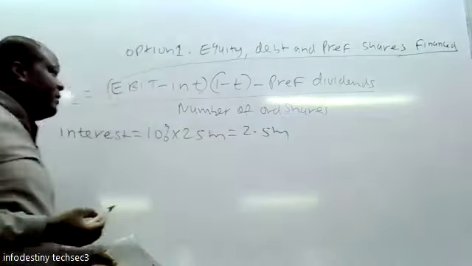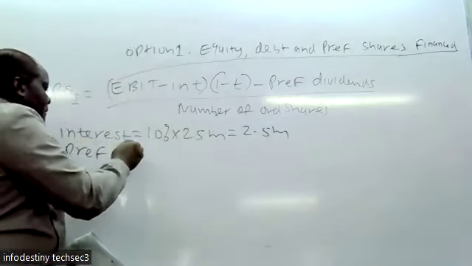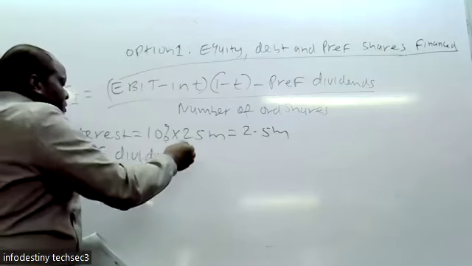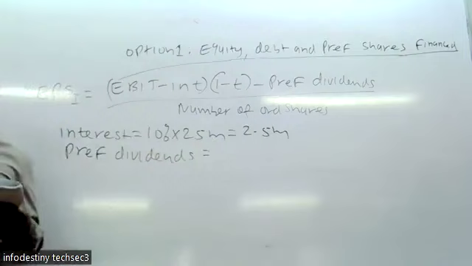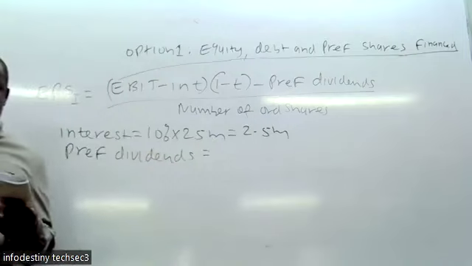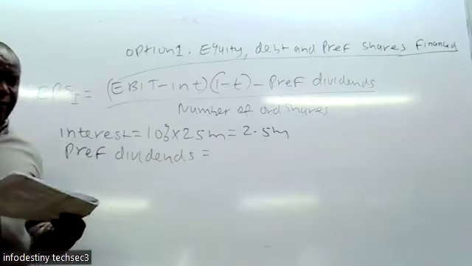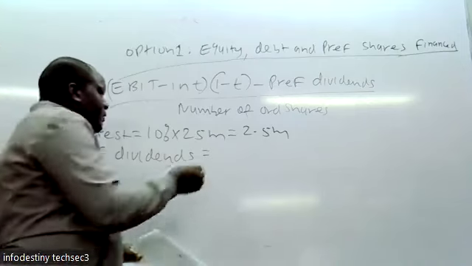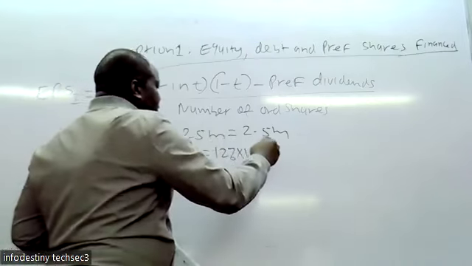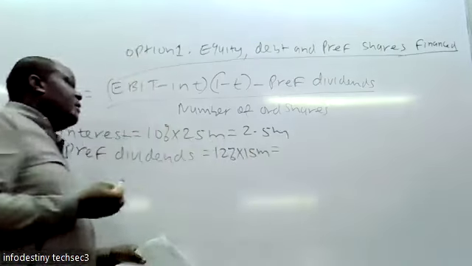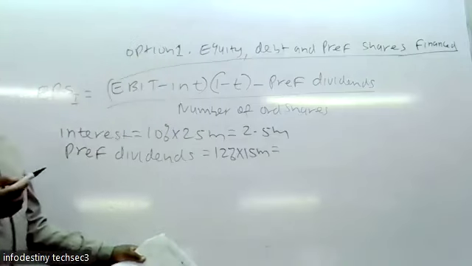The other item, we also compute the preference dividends. For the preference dividends, there is 12% preference share capital. It is 12% of the 15 millions.